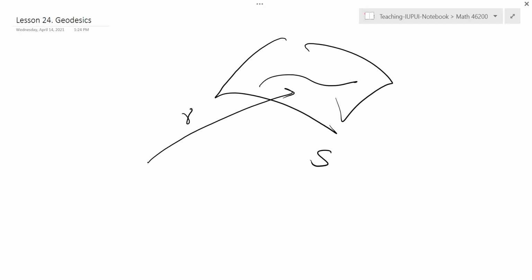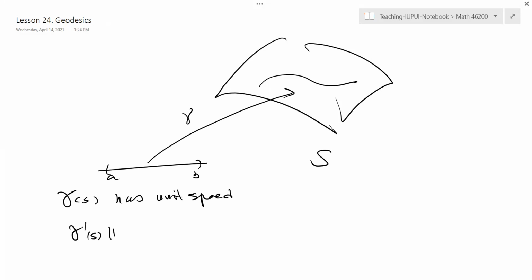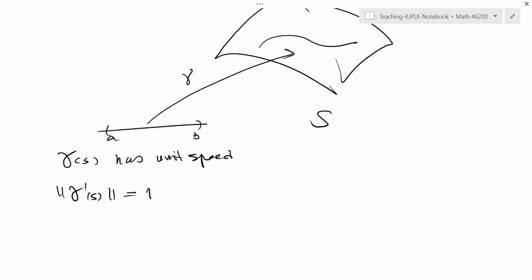We assume that gamma is from A to B, the interval, and gamma(s) has unit speed. So that means the length in the space is always equal to 1.